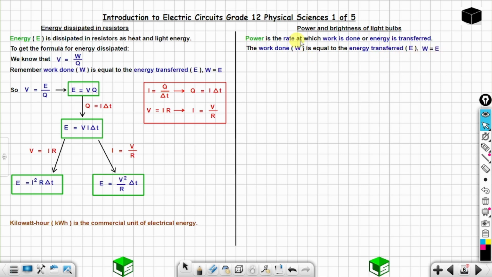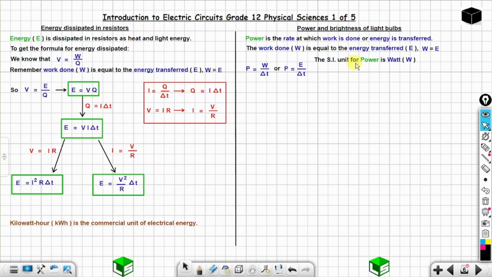Now, using this definition, the power is equal to the work done over the change in time, because you have the word rate, or the power is equal to energy transferred over change in time.